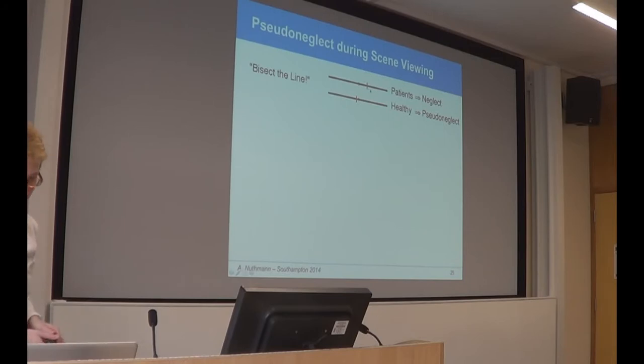Patients suffering from visual spatial neglect show a rightward bias in that task. Interestingly, healthy people show a smaller bias in the opposite direction, sometimes referred to as pseudoneglect.